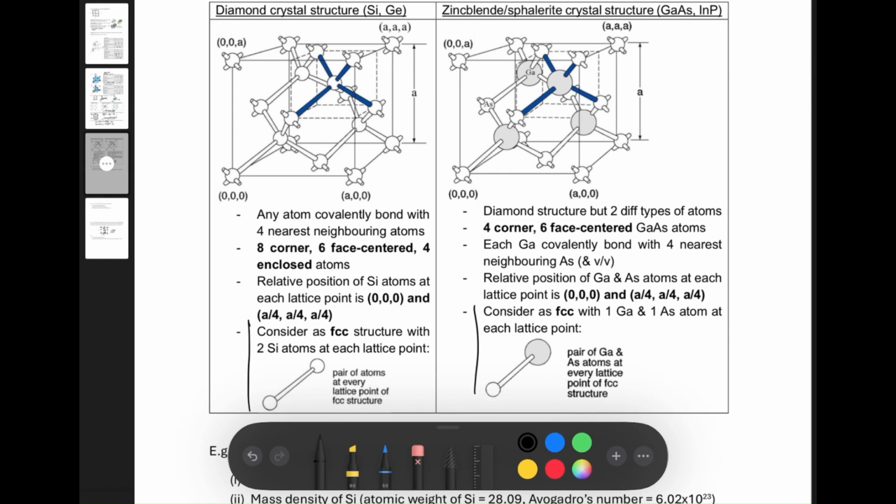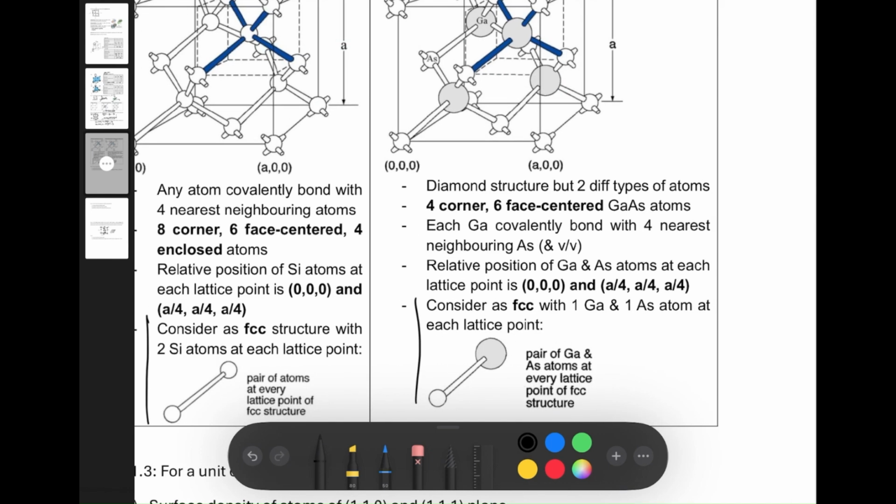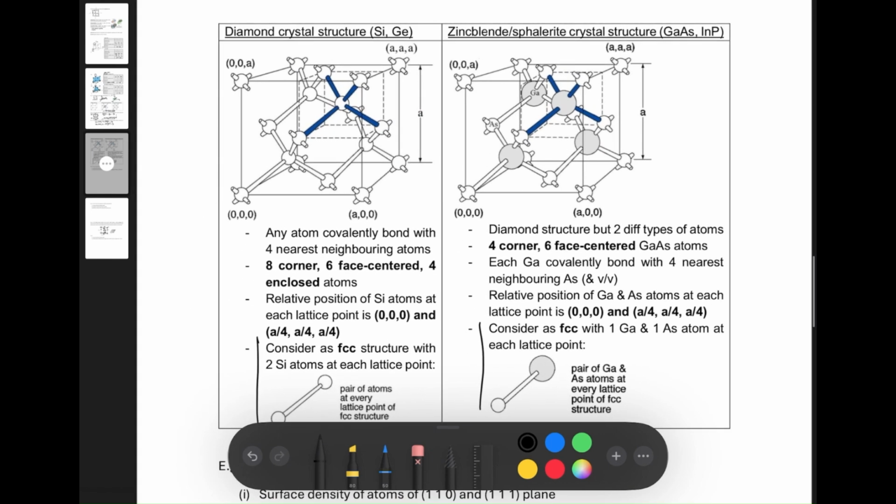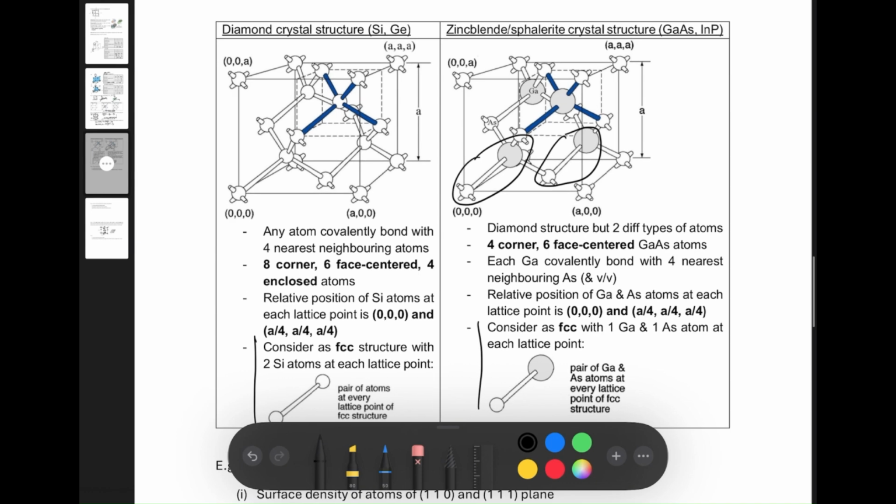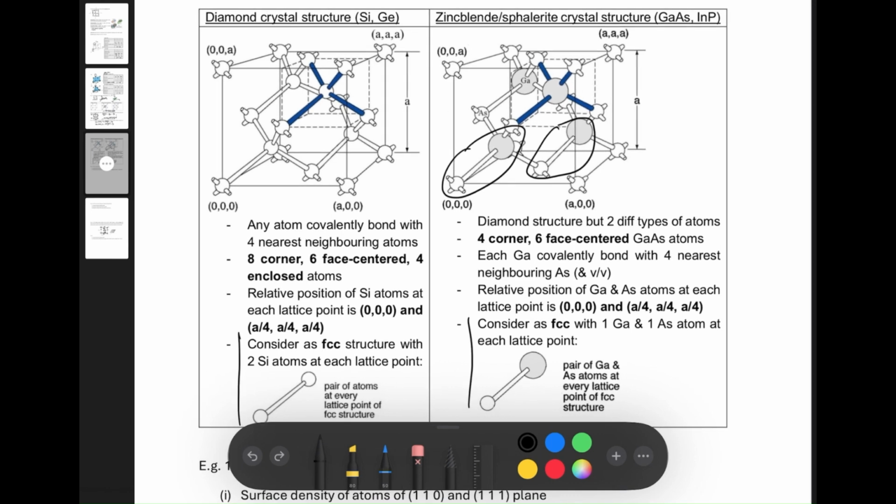For gallium arsenide, you can consider it as FCC with one Ga and one As atom at each lattice point. So the face-centered atom will be like this, the corner atom will be like this. It's a bit hard to imagine, but essentially it is just an FCC with one Ga and As at each lattice point.